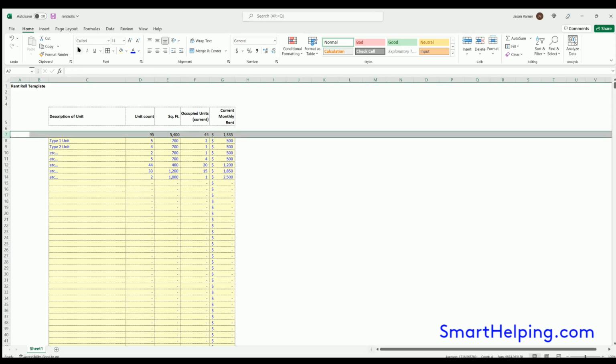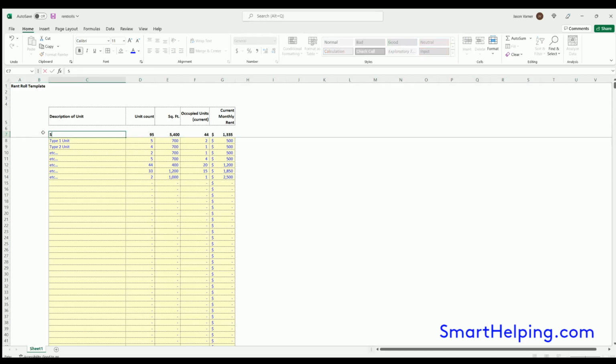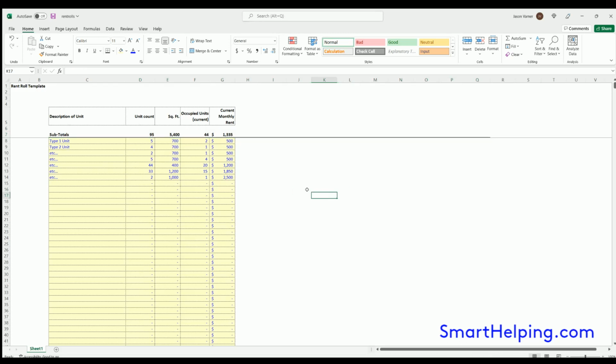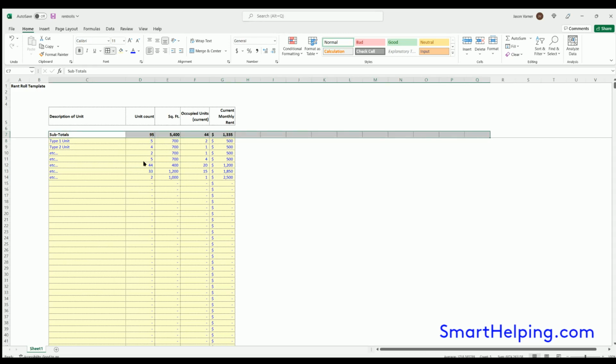These are subtotal rows. Actually, let's give these, there we go.